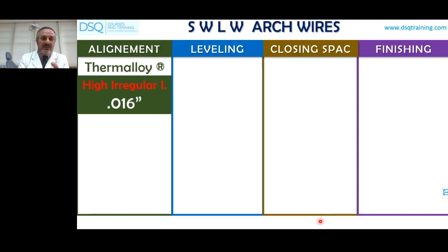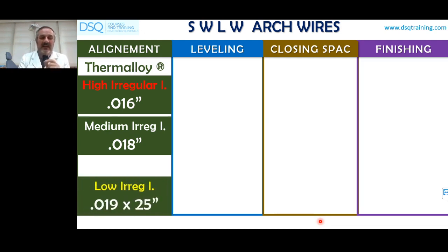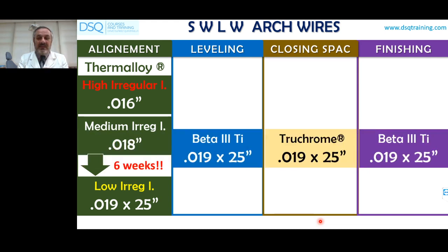For the alignment, we use thermal 16 for the high irregularity index, 18 for the medium irregularity index, and 19 by 25 for patients with a low irregularity index. For leveling and finishing, we are using beta 3 titanium, and for closing space, we use beta 3 titanium or true chrome stainless steel.